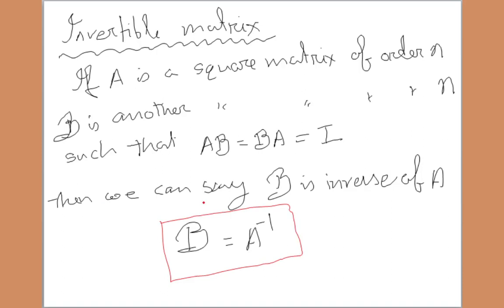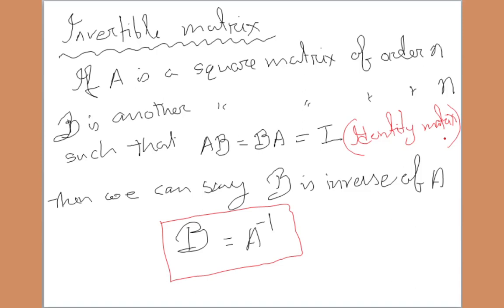If A is a square matrix of order n, B is another square matrix of order n, such that AB equals BA equals I, where I is the identity matrix, then we can say B is the inverse of A. B is equal to A inverse.